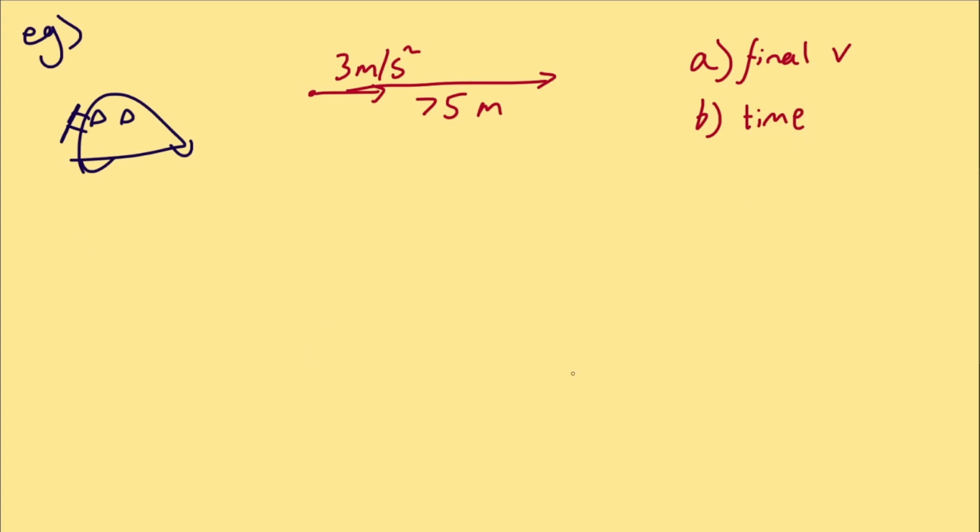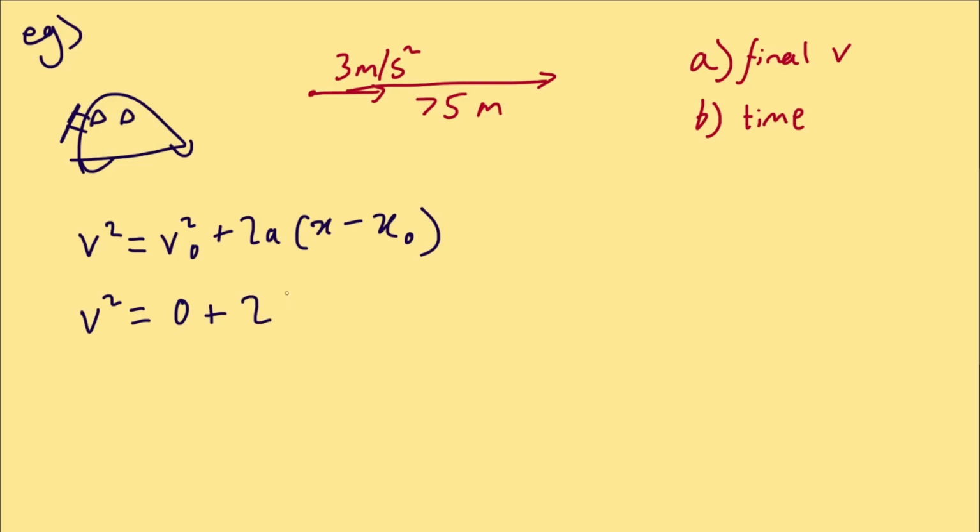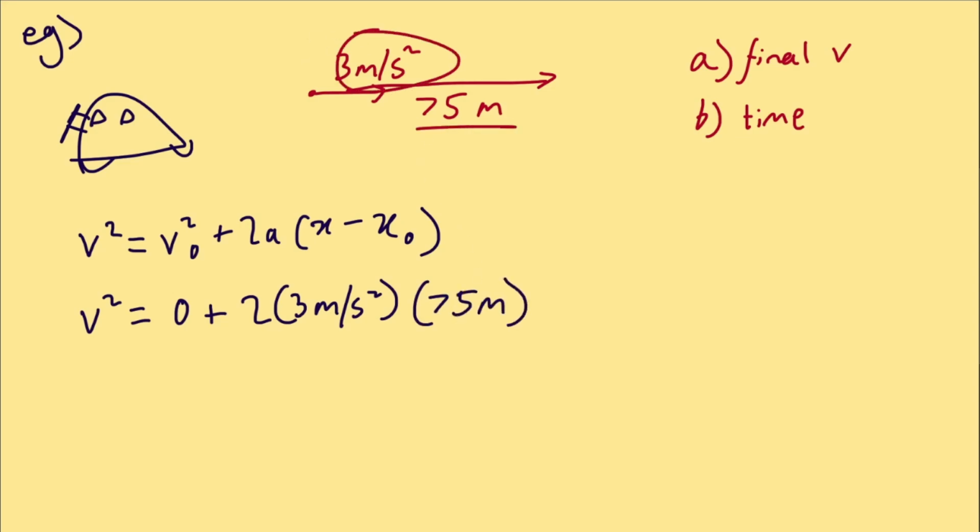So the equation that we use when t is unknown is v squared equals initial v squared plus 2a times x minus x0. Let's plug it all in. Since the Ferrari starts at rest, the initial velocity is 0. The acceleration is 3 and the displacement is 75 meters, which we get from here and here.